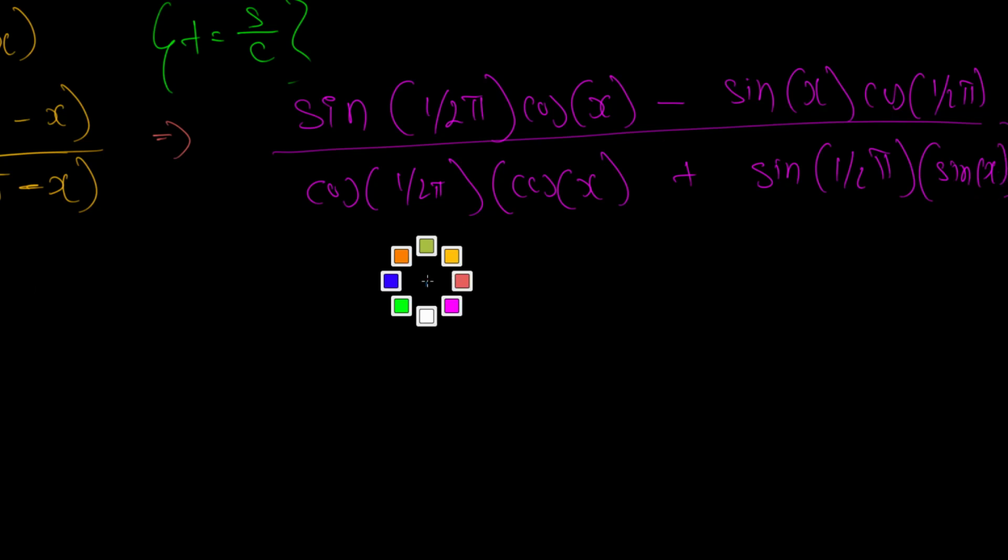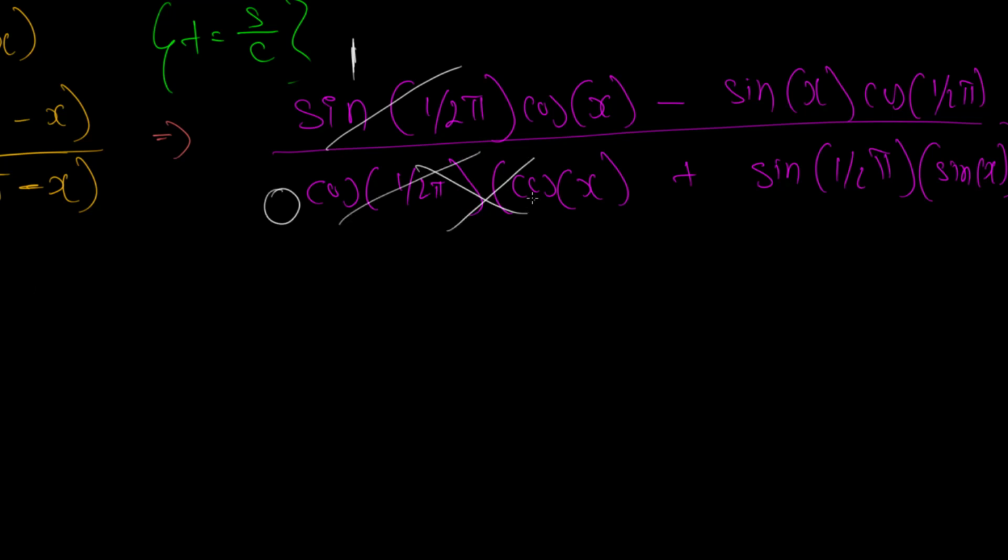Now I know from calculation that sine 1 by 2 pi is equal to 1. You can just put the value in the calculator. Sine 1 by 2 pi is equal to 1, and cos 1 by 2 pi is equal to 0. So this entire thing would cancel off because 0 multiplied by cos x is 0, and this entire thing would also cancel off because 0 multiplied by anything is 0, and this would be 1.